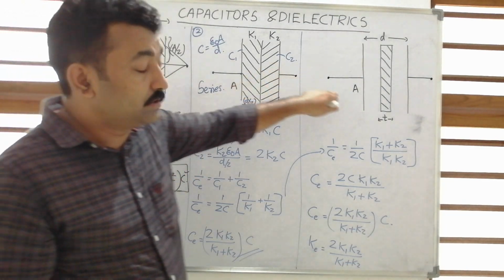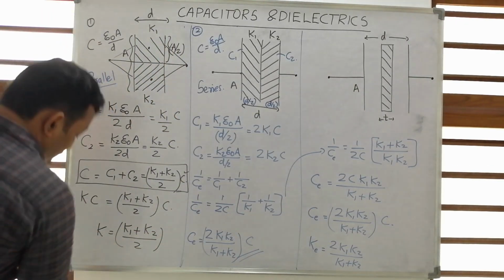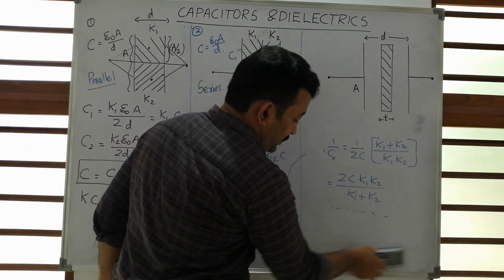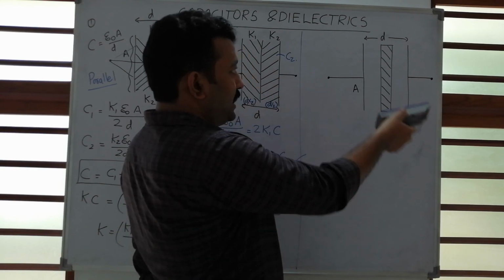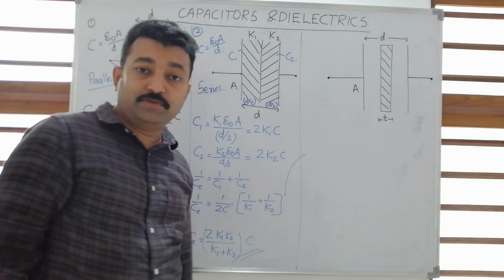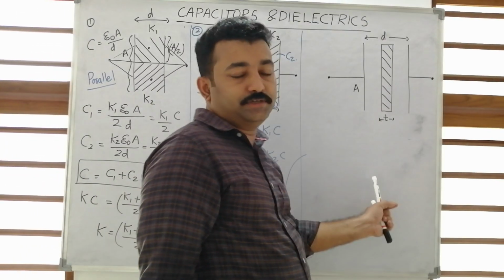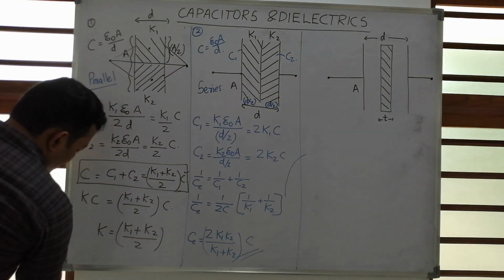Now we are into the third situation, in which the dielectric slab has a thickness, say t, which is less than the total separation between the plates. Or a small slab is introduced into the plates.